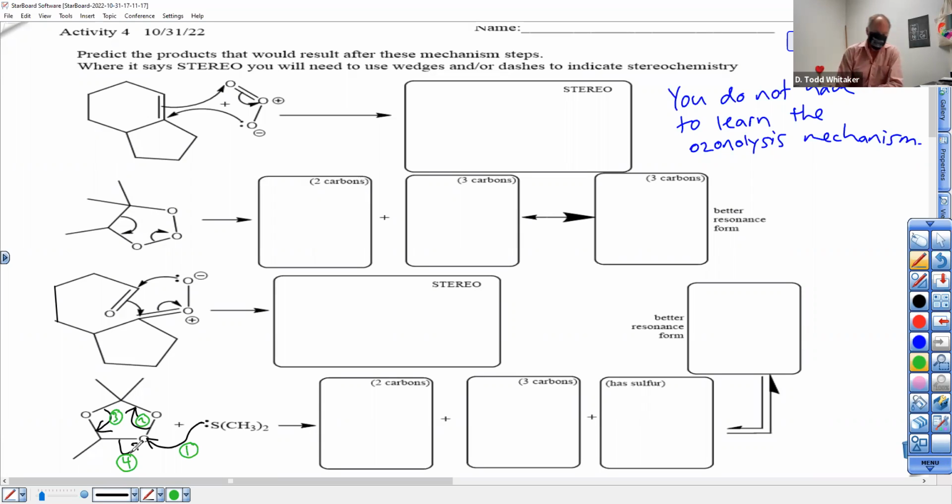And that's very important. And it says, where it says stereo, you will need to use wedges and or dashes to indicate stereochemistry. For example, these bonds are happening at the same time. So when you draw the bonds off the ring, talk to me about wedges and dashes. Anybody want to talk about it?